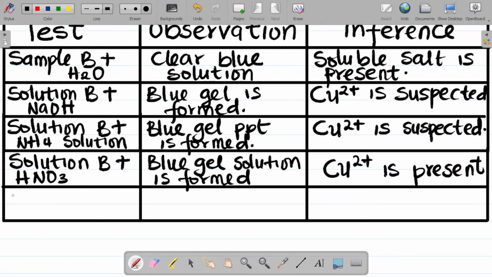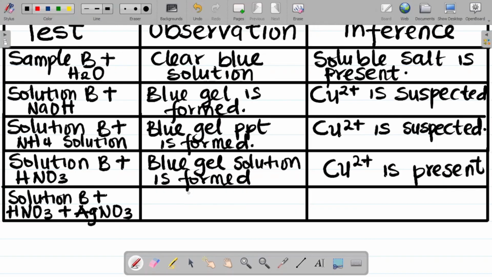So it simply becomes solution B plus nitric acid, that's this. Now plus silver nitrate, so it becomes AgNO3.